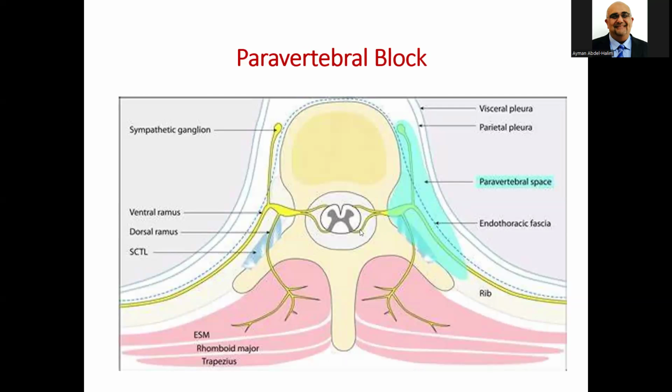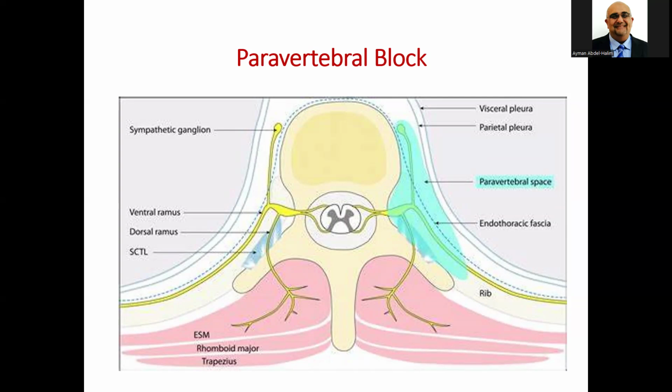This is the paravertebral block, and the green one here is the paravertebral space. Okay, so you go until you hit the transverse process, and then you go above it, and basically you'll be there in this paravertebral space area.